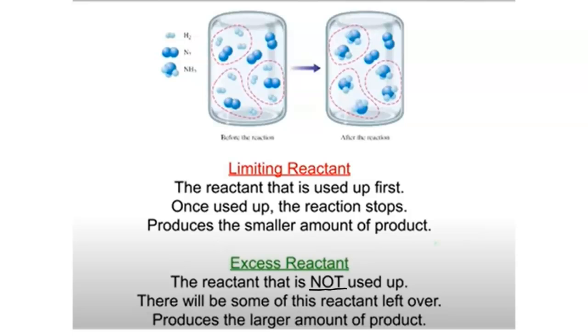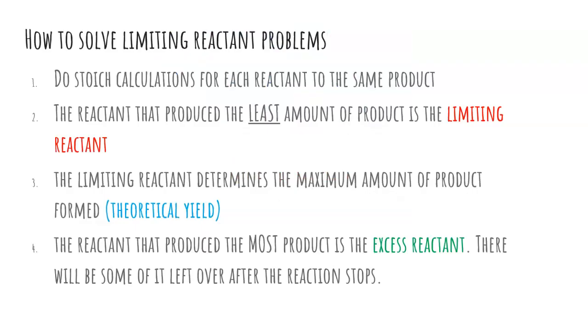So how do we solve these limiting reactant problems? First, we're going to do our stoichiometry calculations for each reactant to the exact same product. Sometimes the product is told to us, and sometimes you'll just choose one that makes a little more sense. The reactant that produced the least amount of product is the limiting reactant.